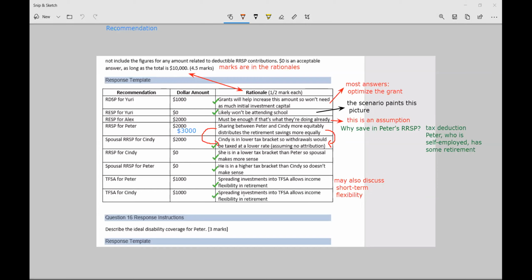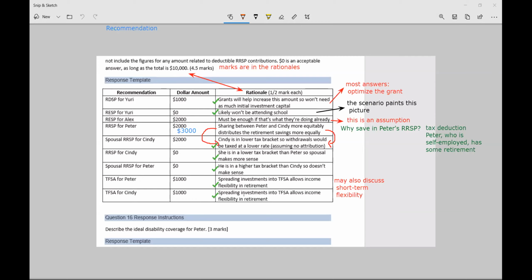You could talk about that, Melissa. Yeah, that I think goes hand in hand with emergency fund or need for liquidity. Yeah, some tax-free growth. I think that's very close to Troy's rationale here.